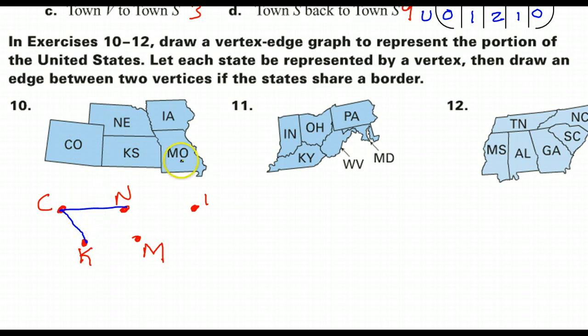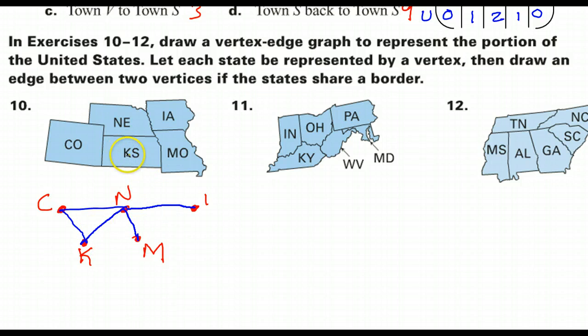So that's it. All right, let's move on to Nebraska. Nebraska shares a border with Colorado. Already got that. Shares a border with Iowa. Shares a border with Missouri. And it shares a border with Kansas. So Nebraska shares a border with everybody.